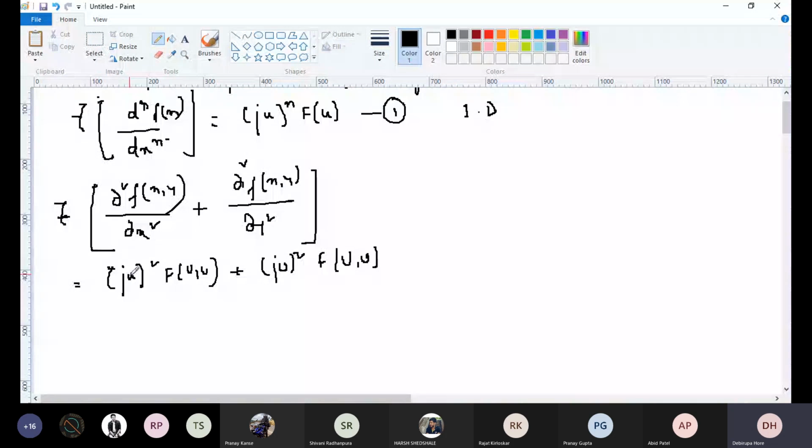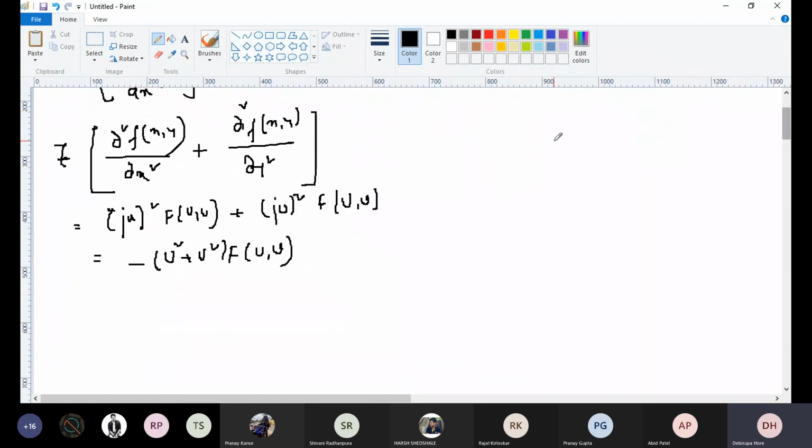So j is an imaginary complex number, so j square is equal to minus 1. If you take the value, we will get minus (u square plus v square) F of u, v.